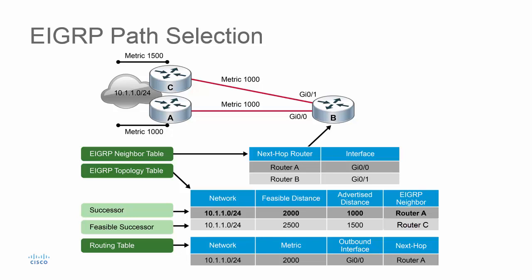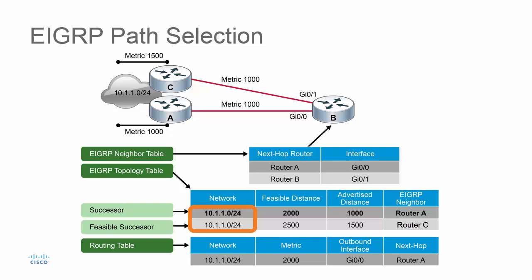As you can see in this example, routers A and C sent their routing tables to router B, whose table is displayed. Both routers A and C have routes to network 10.1.1.0/24. So router B has two entries to reach 10.1.1.0/24 in its topology table.